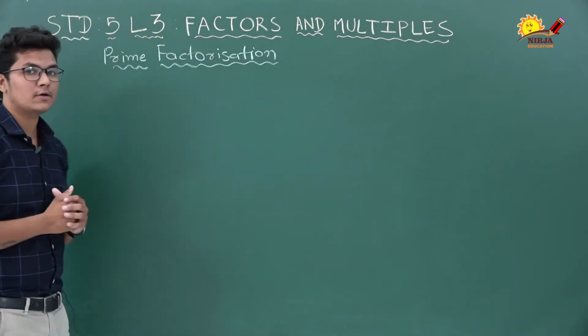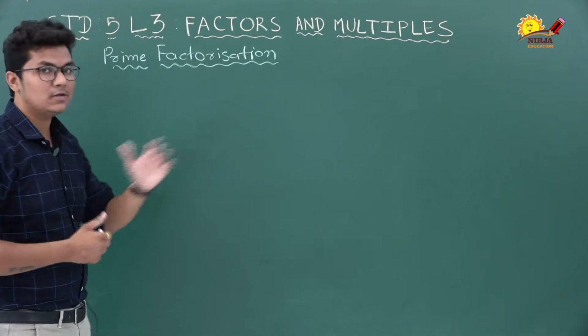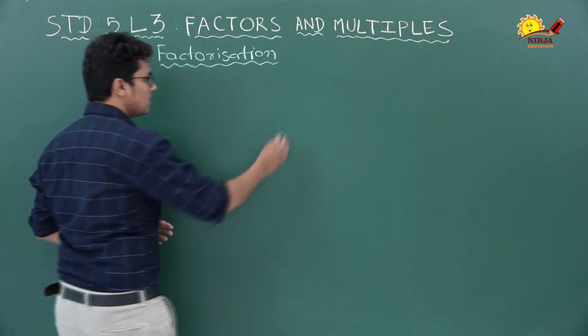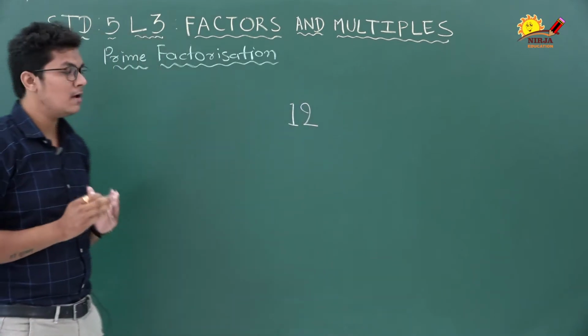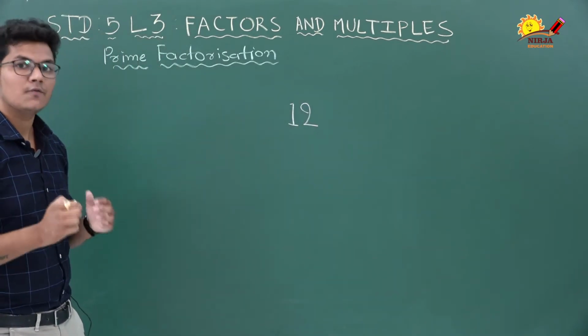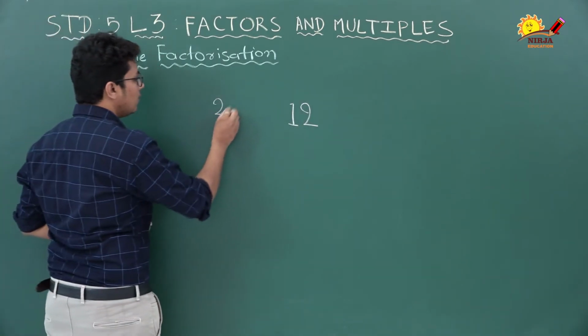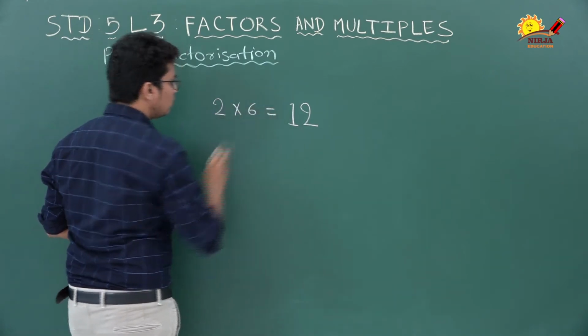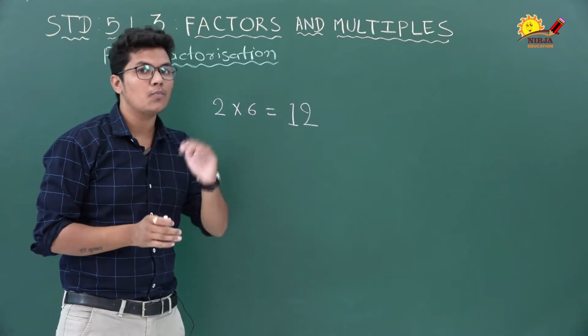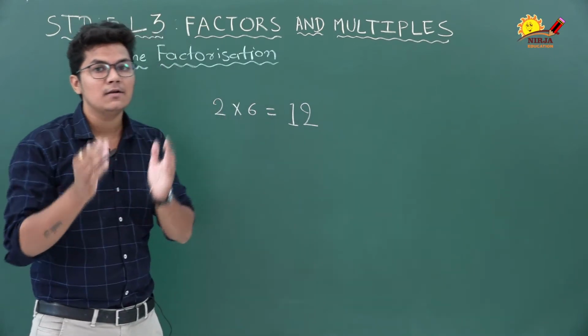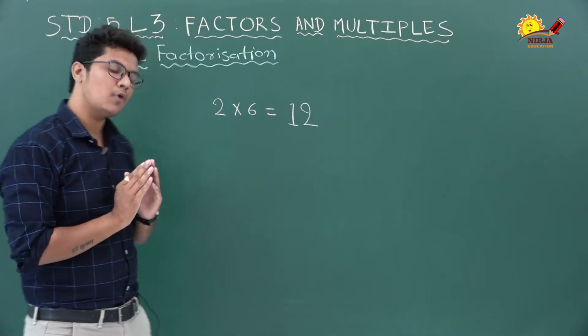Now what is prime factorization? Before we jump into the definition, let's consider this number 12. How can we make 12 by multiplying two numbers? We know that 2 sixes are 12, right? 2 into 6 equals 12. We know that if we multiply two or more numbers to each other, the number we get as a result is called the product, okay?